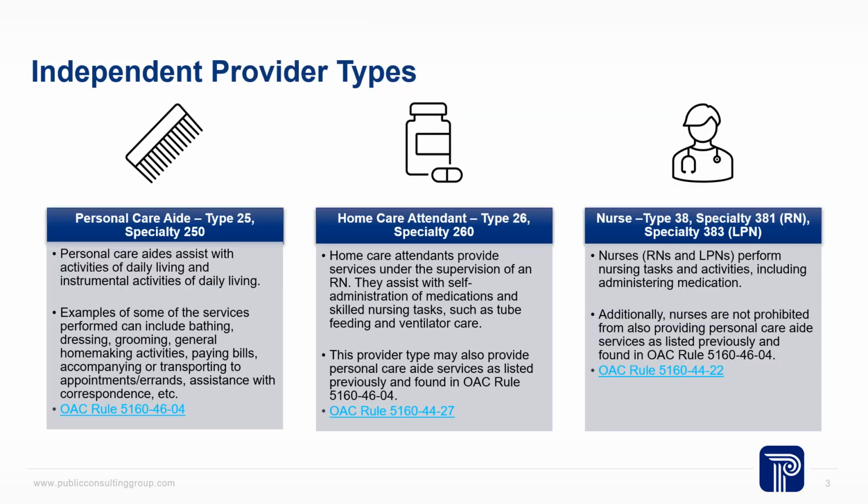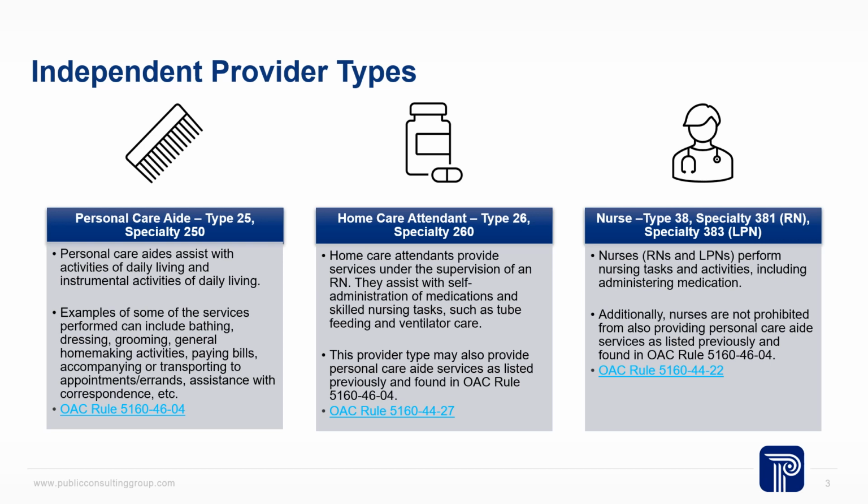Let's review the three types of independent providers: personal care aide, home care attendant, and nurse. Personal care aides assist with activities of daily living and instrumental activities of daily living. Examples of activities of daily living include bathing, dressing, and grooming. Instrumental activities of daily living include general homemaking activities, paying bills, accompanying or transporting to appointments and errands, and assistance with correspondence.